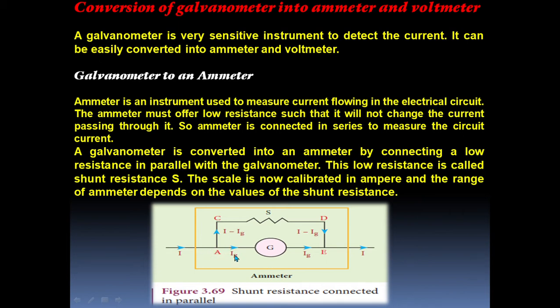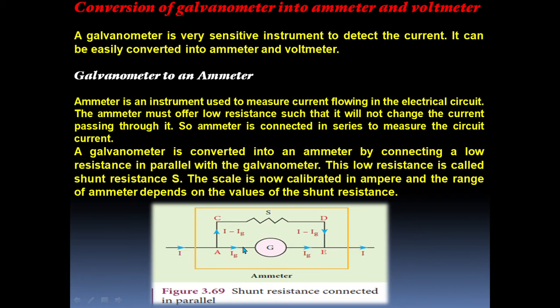So Ig current passes through the A, G and E direction. The remaining current, I minus Ig, passes through the AC, DE direction, through the shunt resistance.